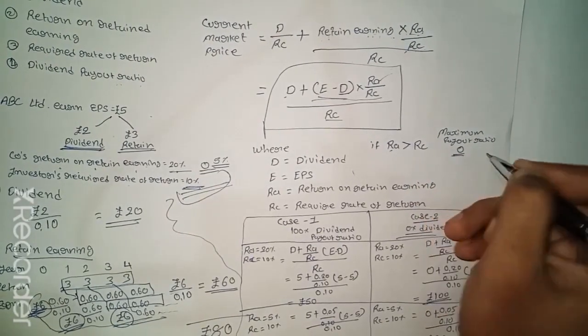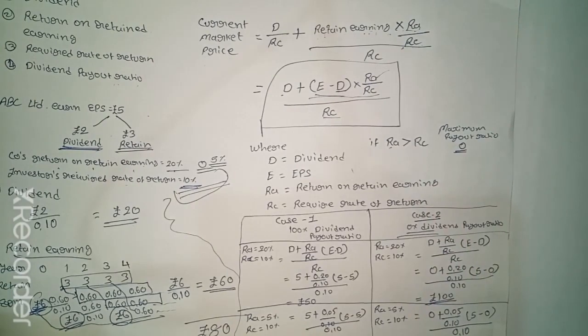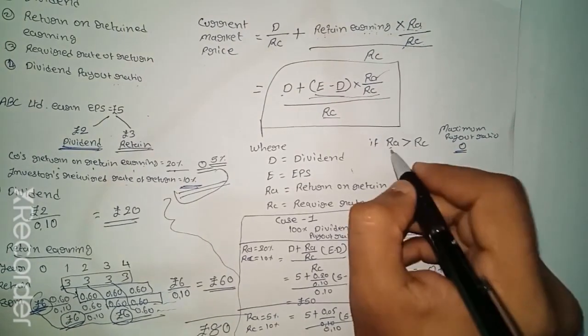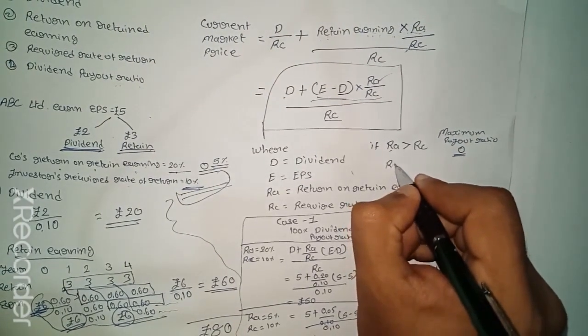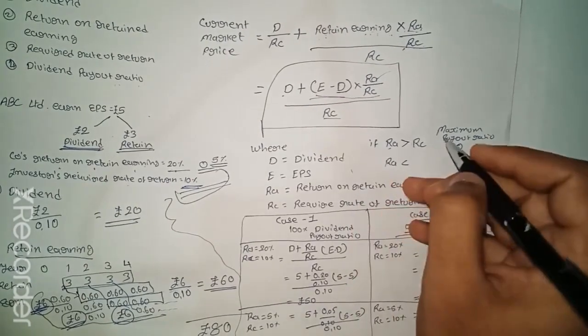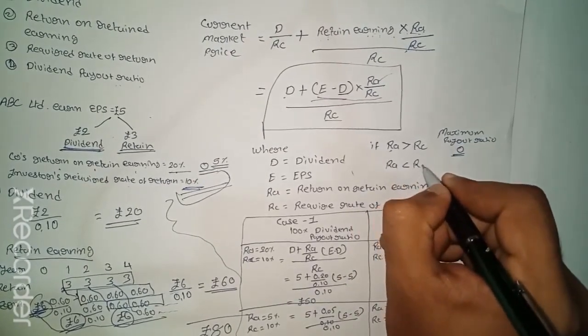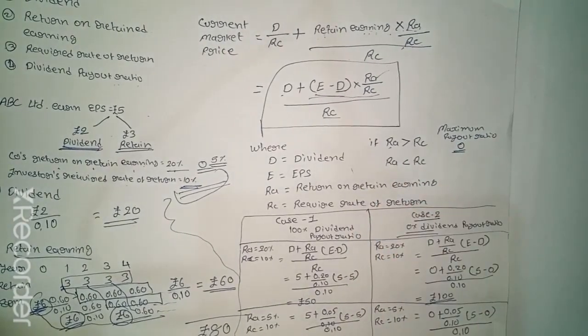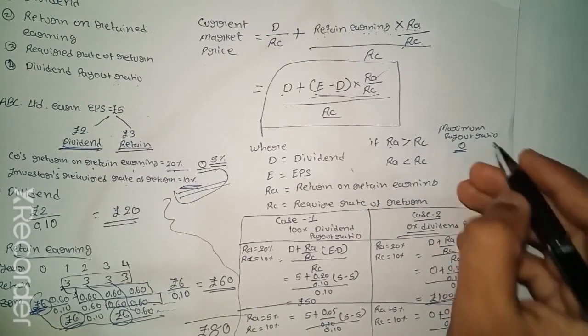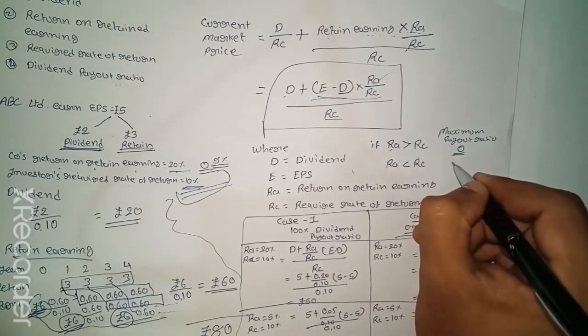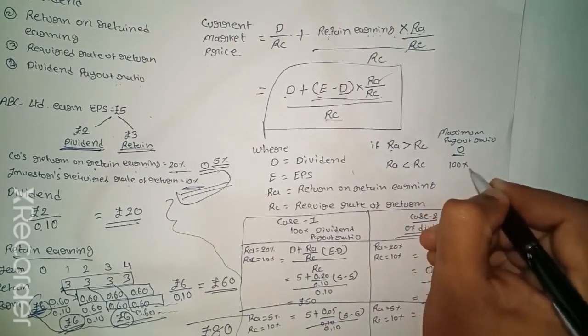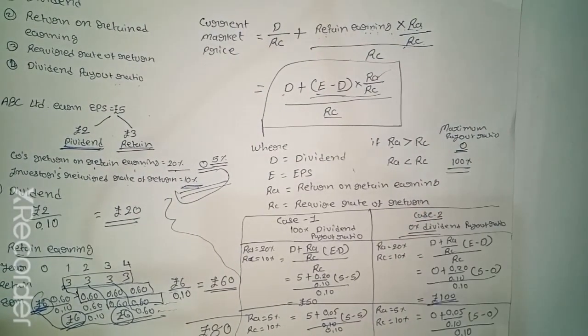It will make the share price highest. If RA is less than RC, means return on retained earning is less than required rate of return, then maximum payout ratio is 100%. So value of share is highest.